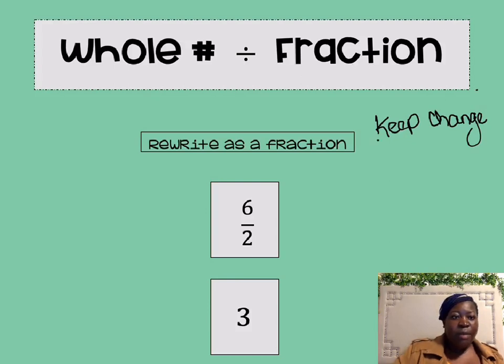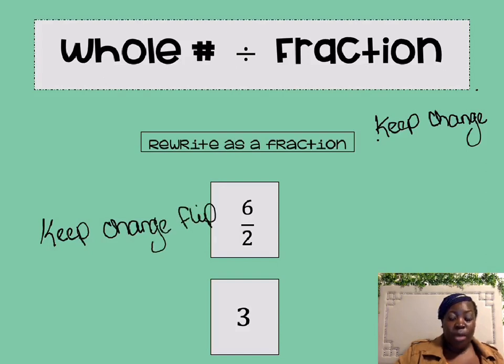I don't have enough space, so let's write it over here. Keep the fraction on your left, change the sign, and you are going to flip the fraction on the right, which is to write the reciprocal of your fraction. So keep the fraction on the left. In this case, it was 2/1.